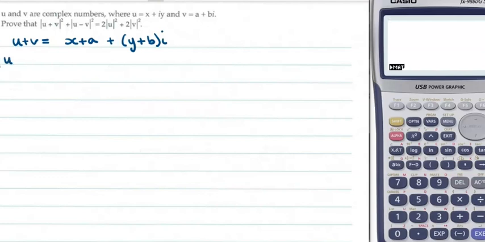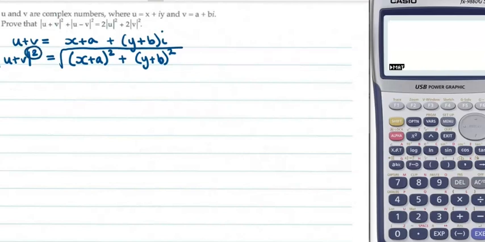So then the modulus of u plus v squared would be to take the real part and square it, and then the imaginary part, just the coefficient of the imaginary part. We don't need the i. That's the definition of modulus. Now, if we're doing the modulus, we would square root that, but since we also are then about to square it, I don't need to bother, because that would get cancelled out.